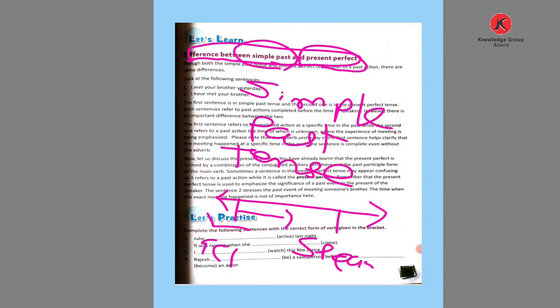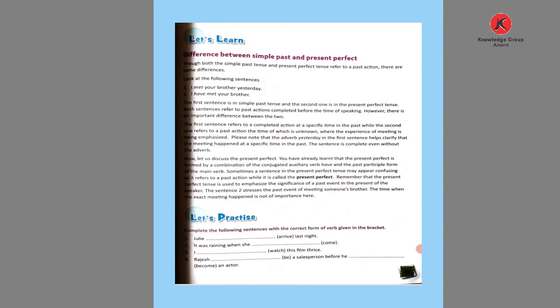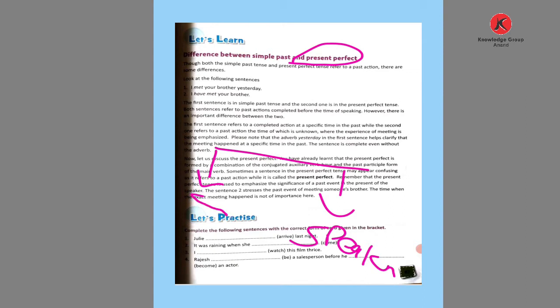The action was completely done in the past. So this is the simple past tense. In the present perfect tense, the action was completed in the past, but has some relevance or connection with the present.